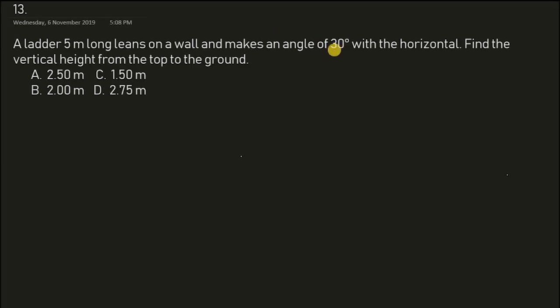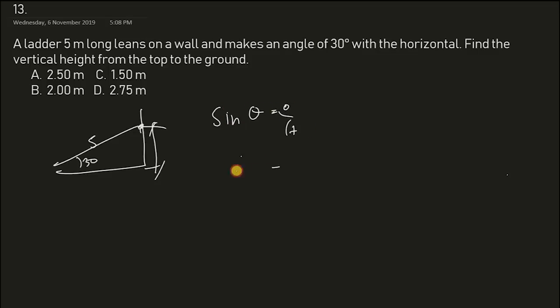A ladder 5 meter long lays on the wall and makes a 30 degrees. So, ito yung ladder na 5 meter, nag-lean siya with an angle of 30 degrees. So, ito yung wall. Find the vertical height of the top to the ground. So, dito hanggang dito. That would be equal to sine theta is opposite over hypotenuse.